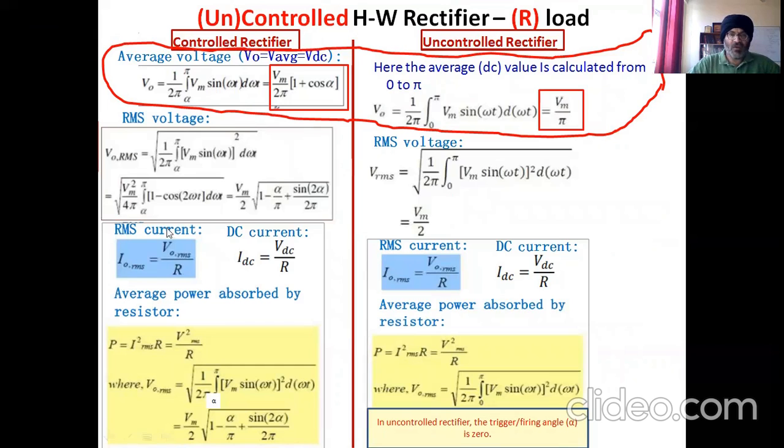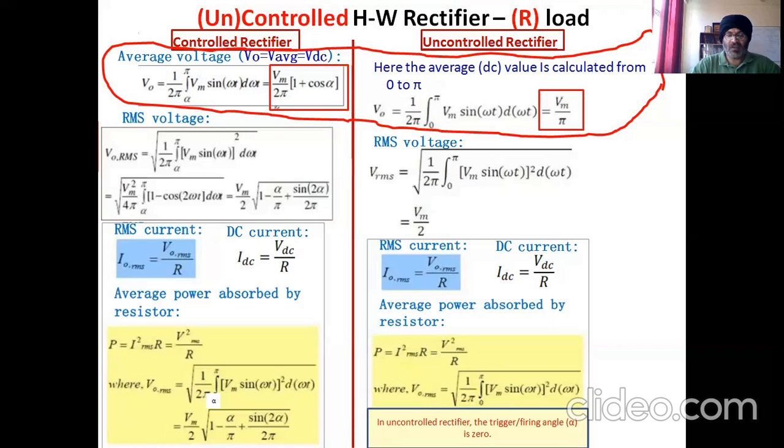So we can only take alpha to pi. At alpha, the thyristor starts conducting, till pi it is conducting, and it keeps on integrating the voltage.